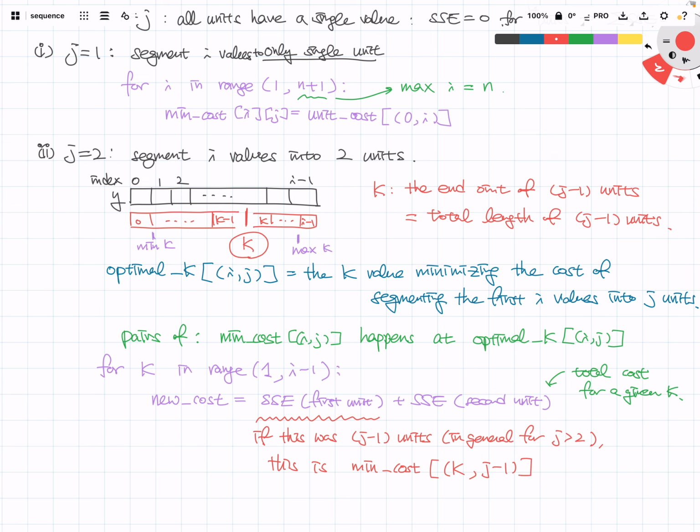Okay? This is the core concept of dynamic programming here.